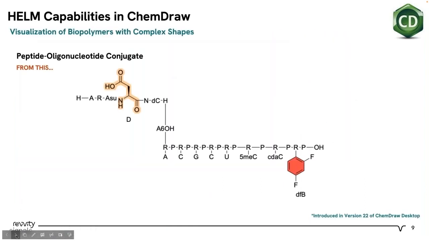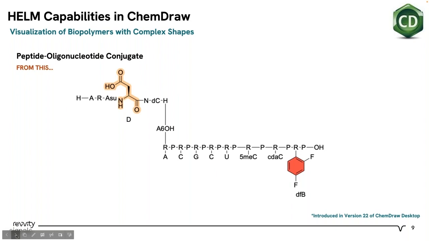So any sequence that's drawn on the canvas can actually be represented with labels, or the structures expanded, making it quite easy to make things like chemical modifications or cross-links within the sequences where you desire, using those editing tools that are available in ChemDraw.